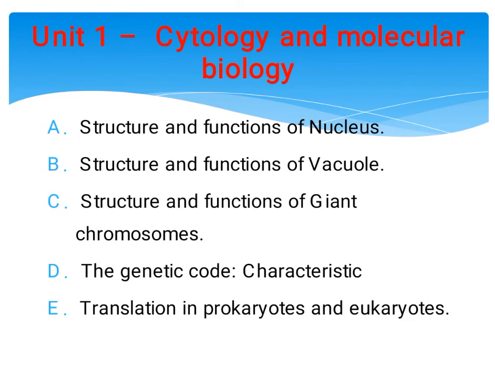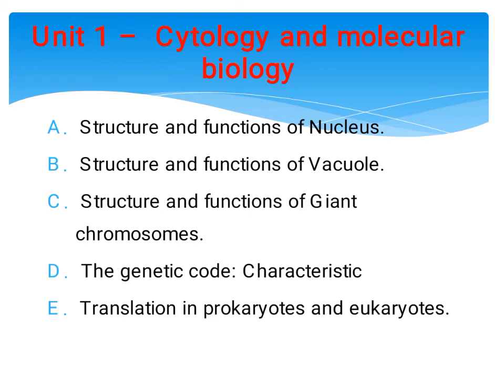So for Paper 3, unit 1 is known as cytology and molecular biology. And in that unit, the following topics have been covered. First is structure and functions of nucleus. Second is structure and functions of vacuole.